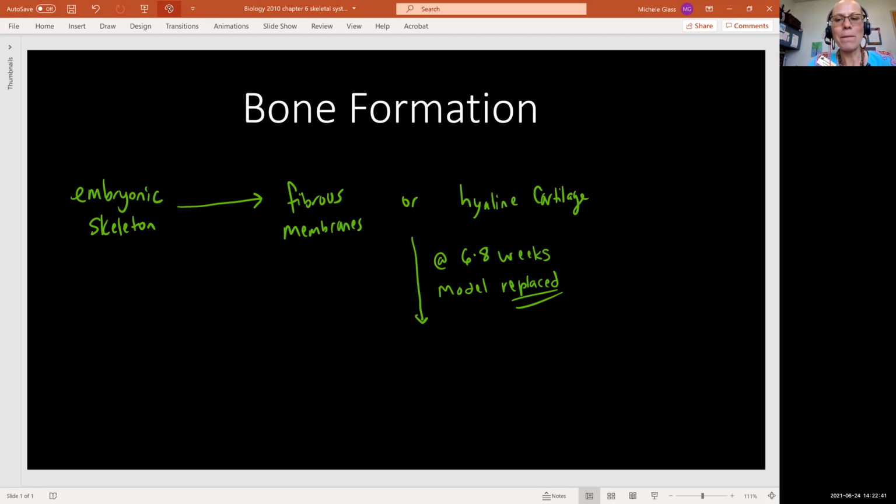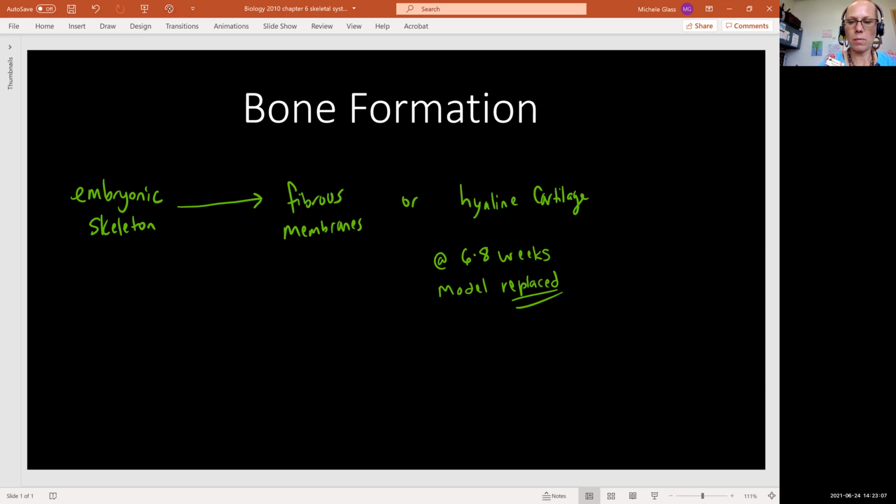It's that the cartilage gets removed and replaced with bone. It's that the fibrous membrane gets removed and replaced with bone. And so we see that, again, this can have two names depending on whether you started with the fibrous membrane. Let's do it that way.